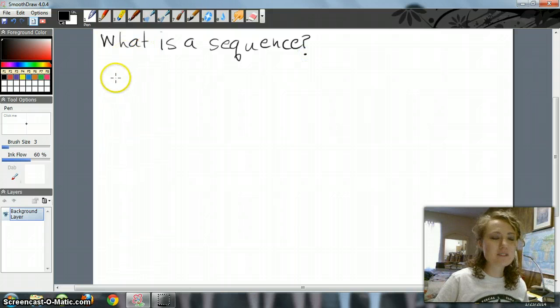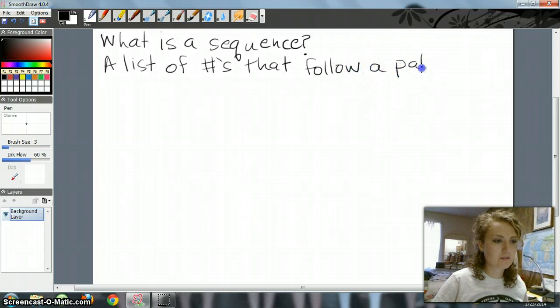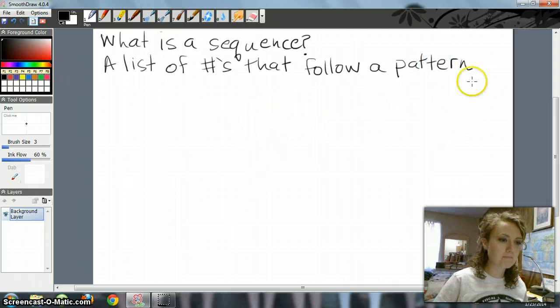Okay, a sequence is just a list of numbers that follow a pattern. Okay? So we've seen lots of sequences. Anything that follows a pattern.